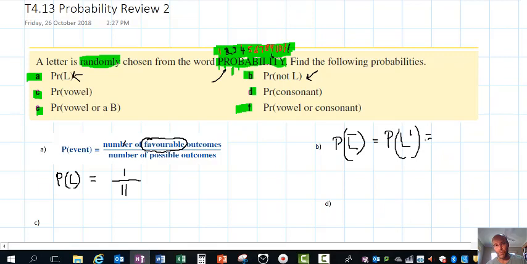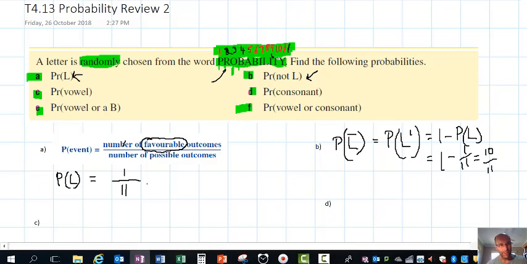Basically, it's all the other outcomes. There are 10 other outcomes, so it'd be 10/11ths. Or another way is 1 minus the probability of getting an L, which was 1/11th. So 1 whole minus 1/11th is 10/11ths. Or you could just count up 10. So the answer is 10/11ths.